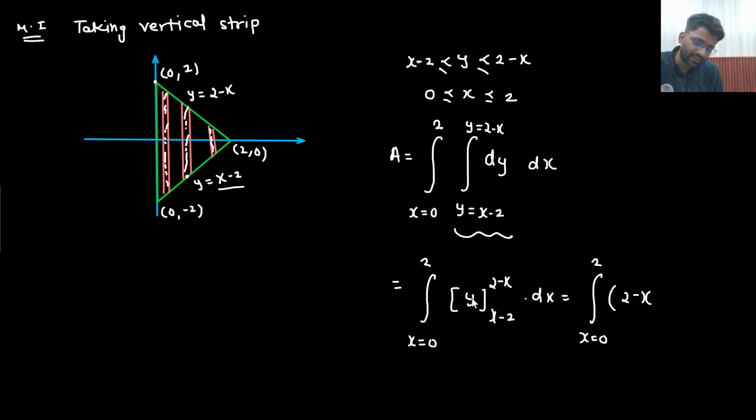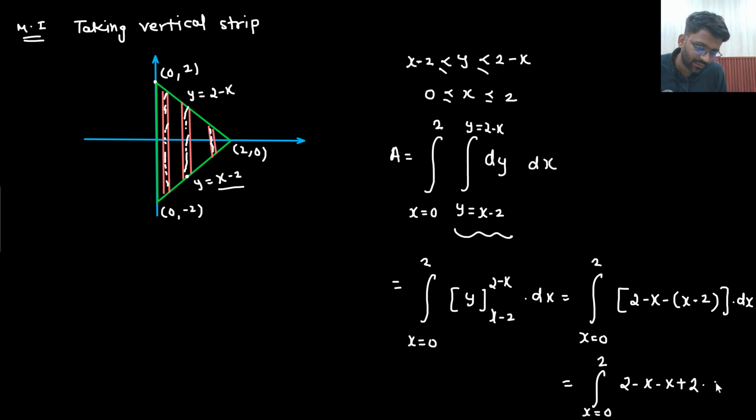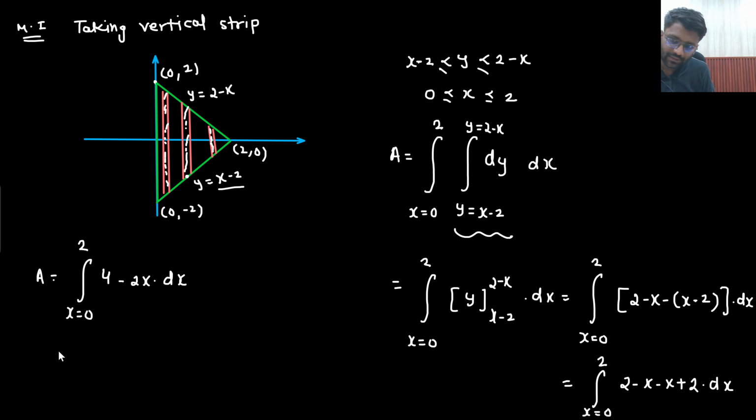First I will put the value of y, which is 2 minus x, then I will put the value of y, which is x minus 2, but with a negative sign. So basically this is what I will be doing: 2 minus x, then minus (x minus 2), dx, x going from 0 to 2. So 2 minus x plus 2, dx. So 4 minus 2x, so the area is coming out to be the integral from 0 to 2 of (4 minus 2x) dx. So we are getting 4x minus 2x squared by 2, which will be x squared, x going from 0 to 2.